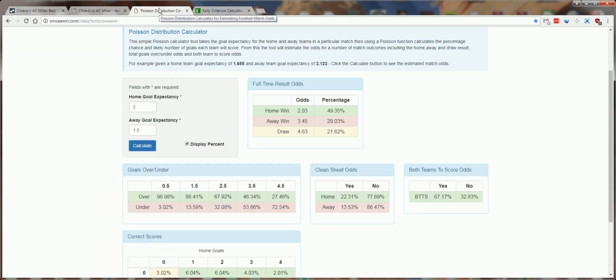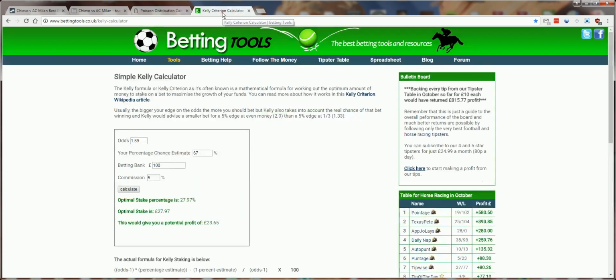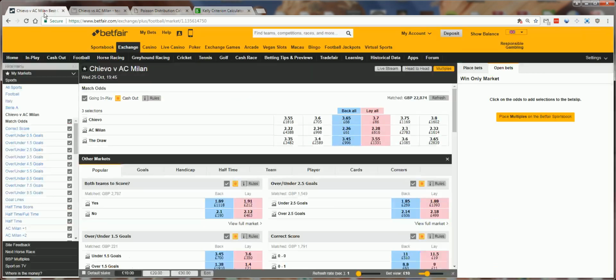I did quite like the home win at 2.03, or laying AC Milan, because as you can see here, the home win is a 49% chance. So we put 49% chance in there, and the price on Chievo match odds is 3.65.